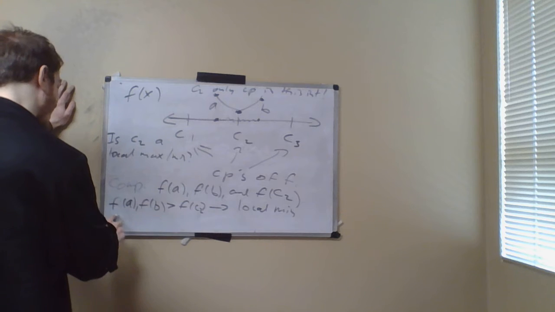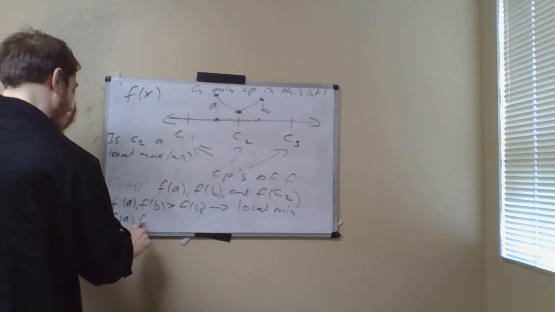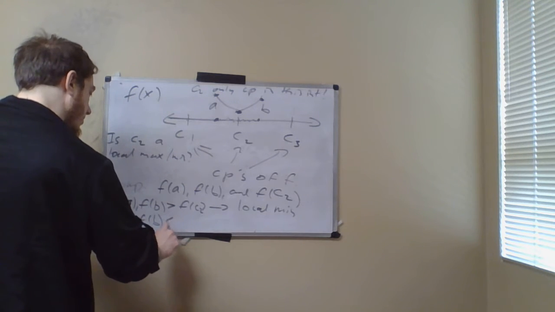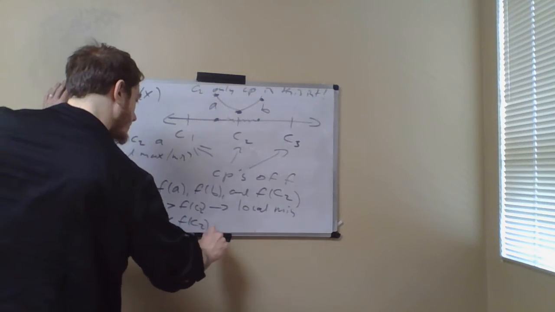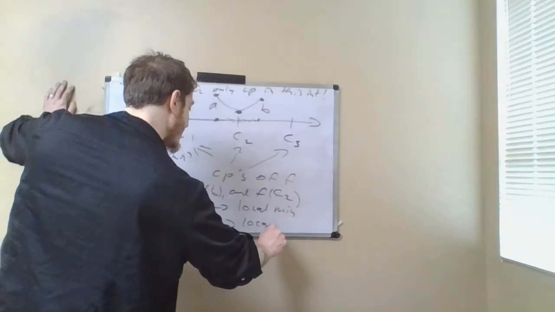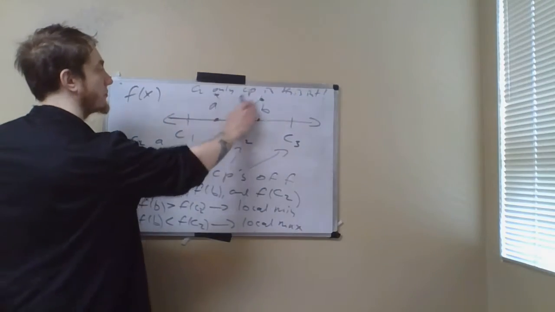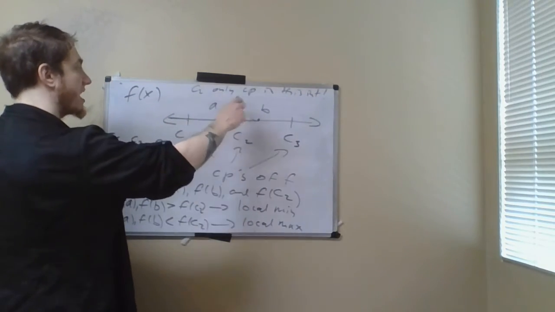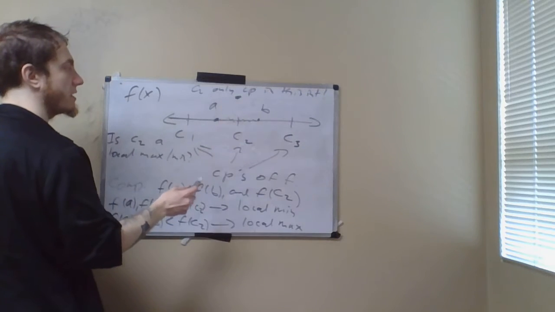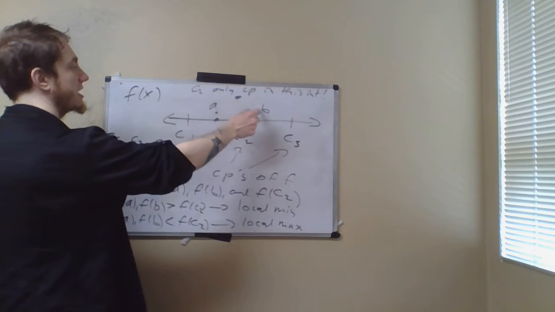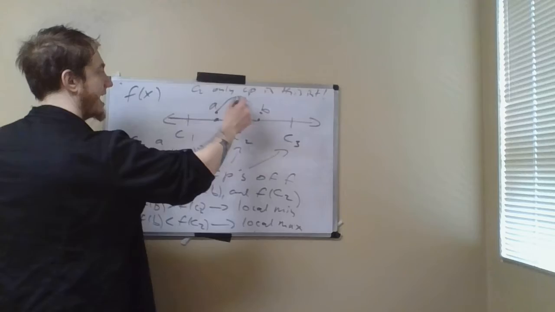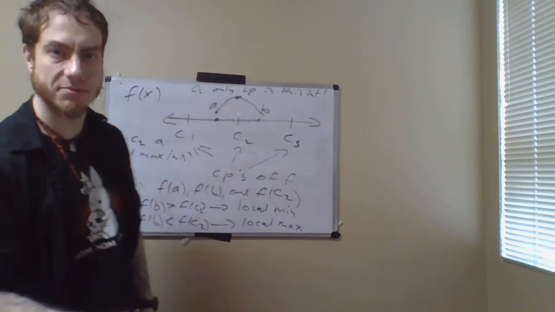On the other hand, if I have f of A and f of B being less than f of C2, then this means what I have is a local maximum. Why? Well, it's exactly this picture, but flipped upside down. Now what I've got is the function evaluated at C2, and at A and B, and it's the same picture, but upside down.